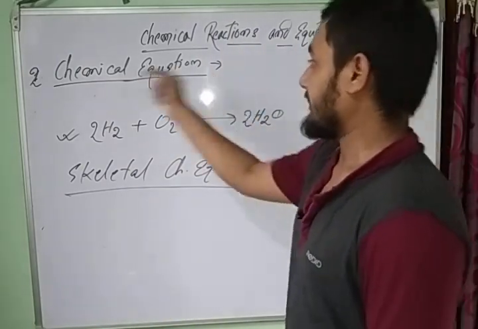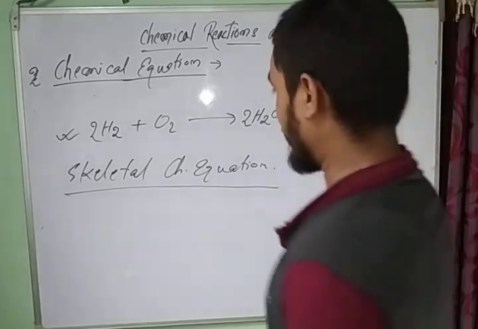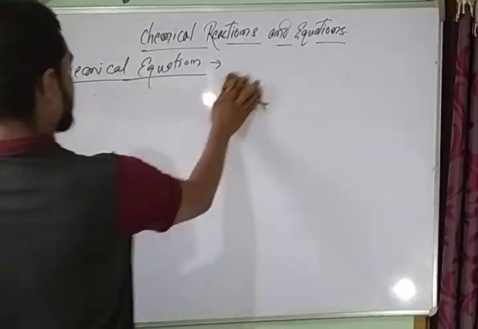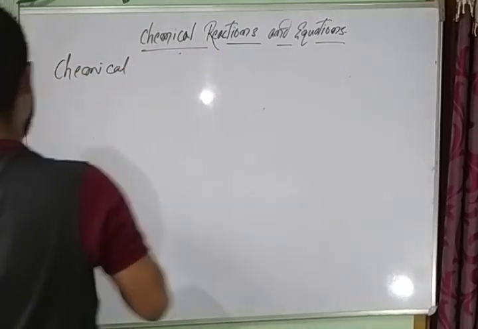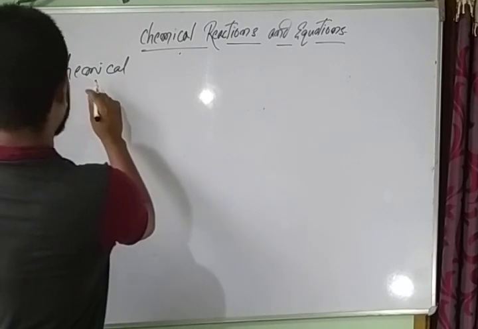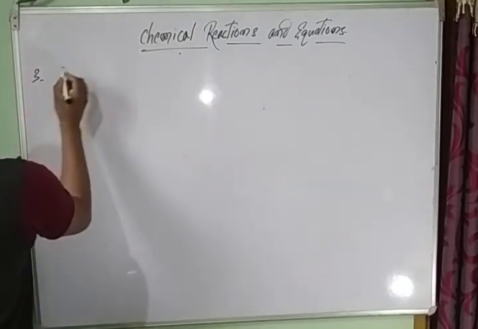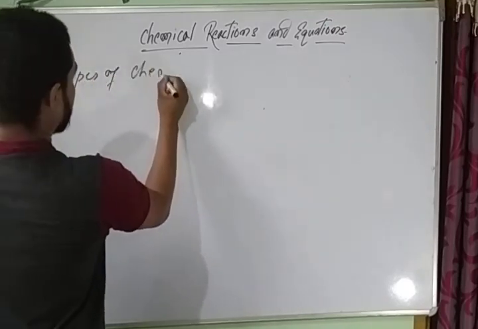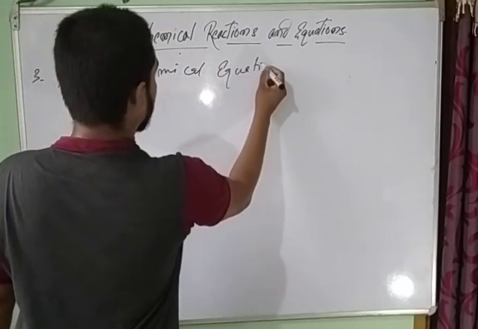So this is all about chemical equations. Now coming to the next point, the third point, types of chemical reaction. Sorry, chemical reaction, not chemical equation.